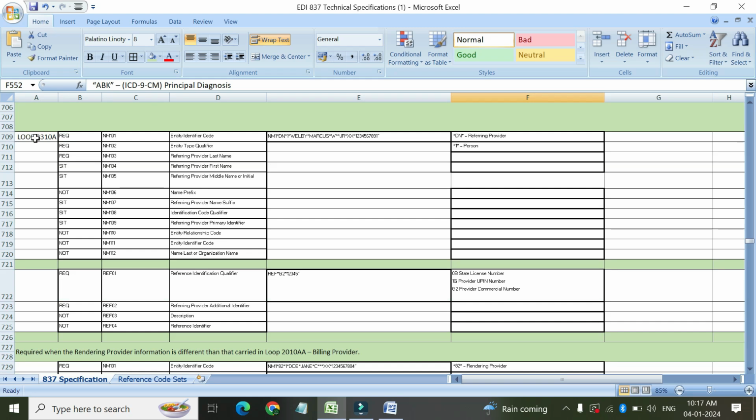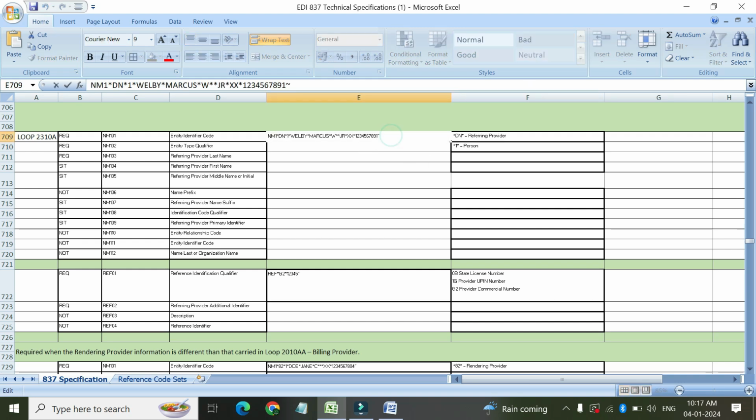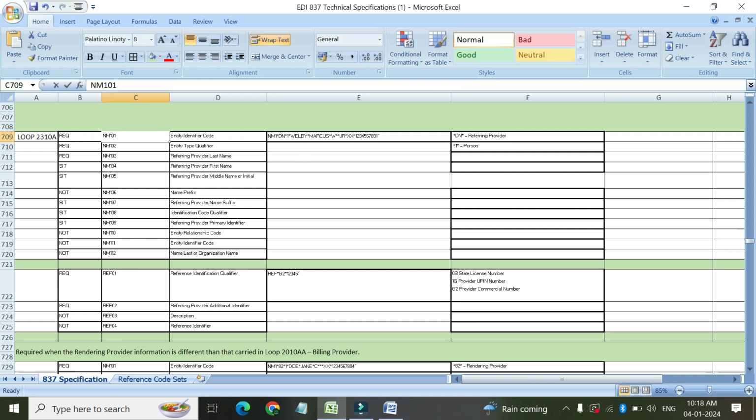Loop 2310A contains information about the referring provider. So basically, if you were referred to a specialist or to any other doctor by a referring provider or by someone, then that person's information will be output here in loop 2310A, segment NM1.